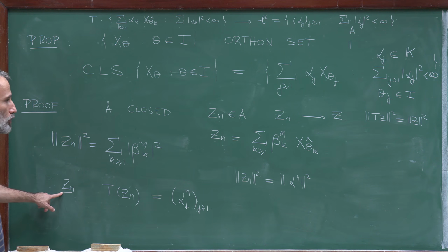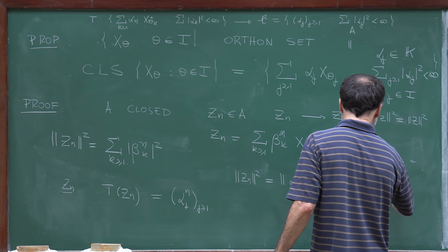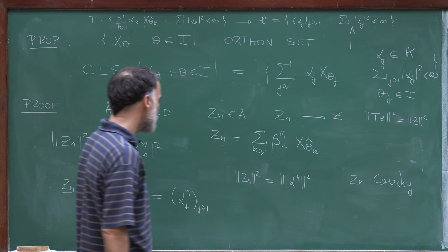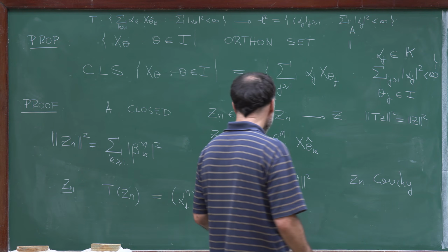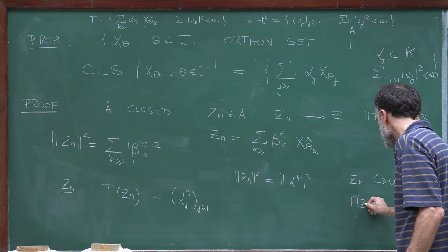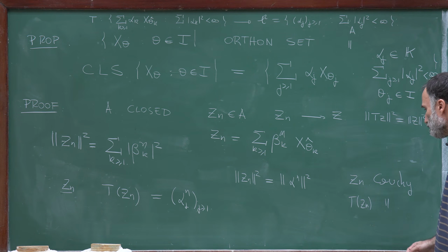Now, Zn is converging. So this means that Zn is Cauchy. It's a Cauchy sequence because it's converging. Now, if Zn is a Cauchy sequence, and since this map is an isometry, this means that T of Zn is also Cauchy. So this is a sequence alpha n.